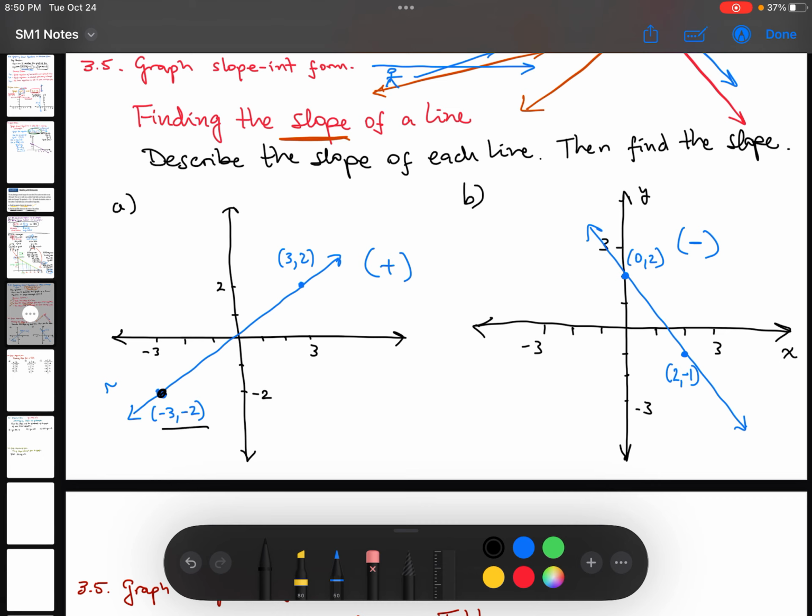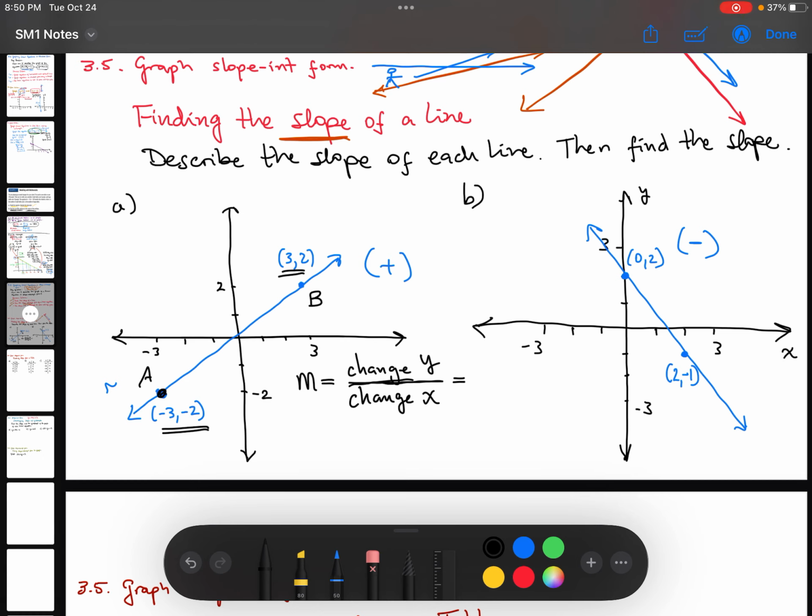It's located at the coordinates -3, -2, and the second point, let's label them as A and B. Okay, so in order to calculate the slope, which is m, I'm going to do this. How much you change y divided by how much you change x.